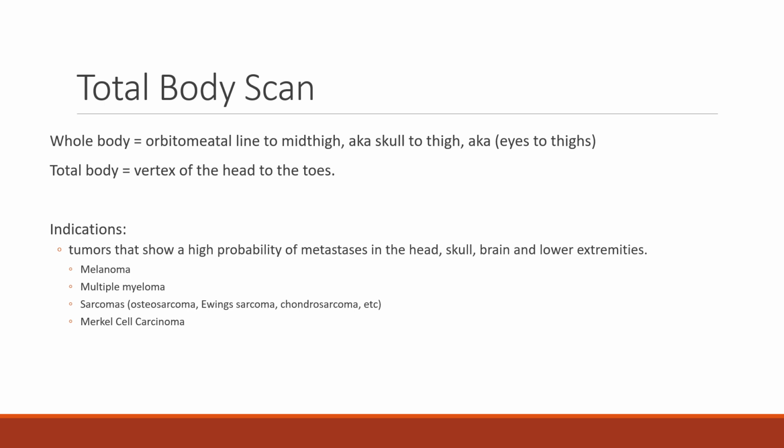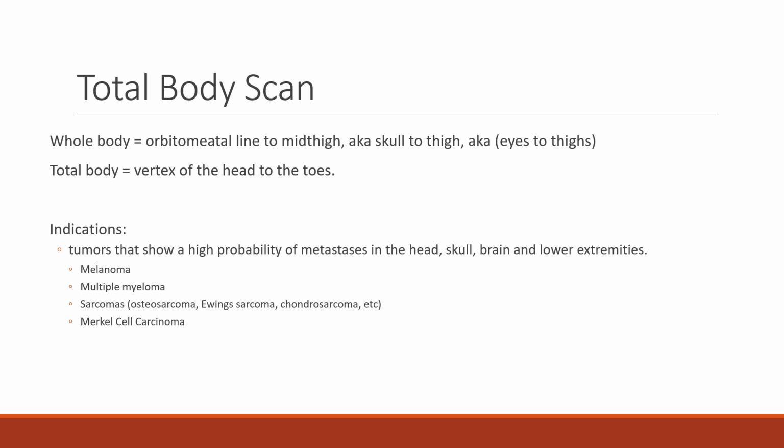You want to include a little bit of the bottom just so you know you're there, but it's going to go what we call skull to thigh or eyes to thighs. And most cancer is going to be found in that area. So for most cancers, you can do that and cut out the brain that is really glucose avid, and then also cut out the feet and the lower limbs that really aren't going to show anything.